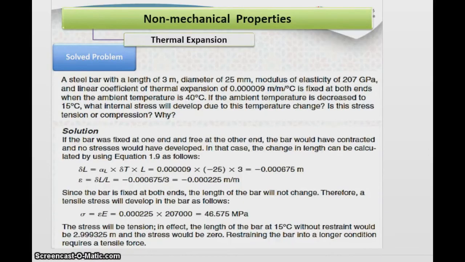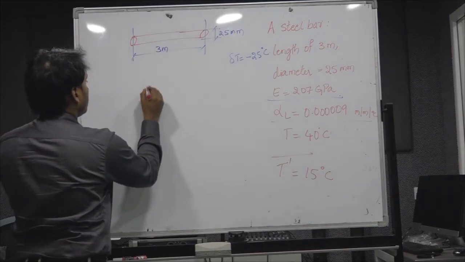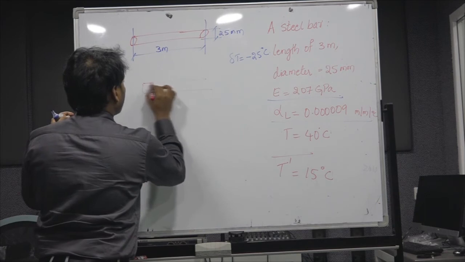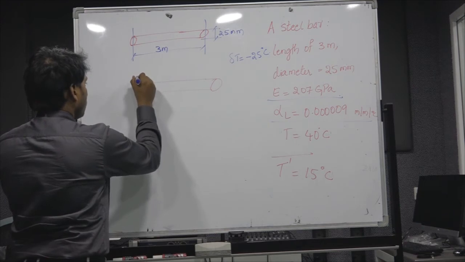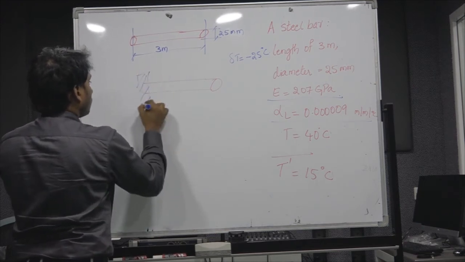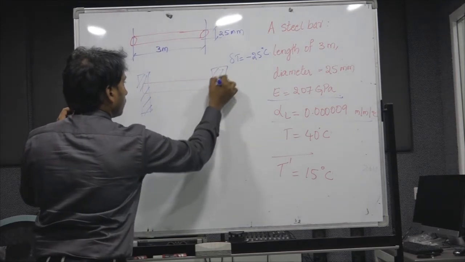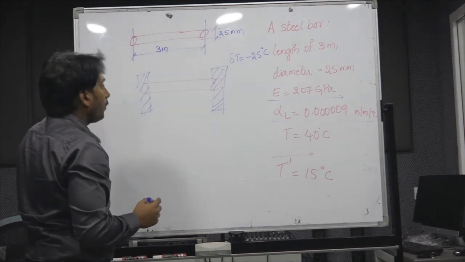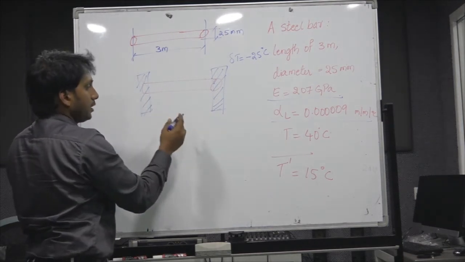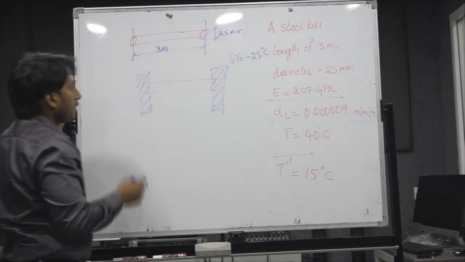Now, since the bar is fixed at both ends, in our condition the length of the bar will not change, so the bar length cannot be changed. Therefore, a stress will develop here.